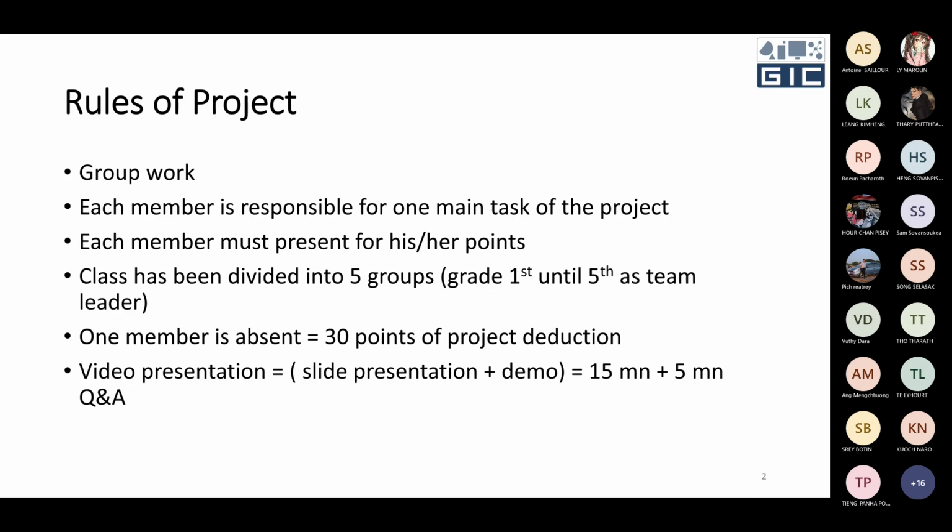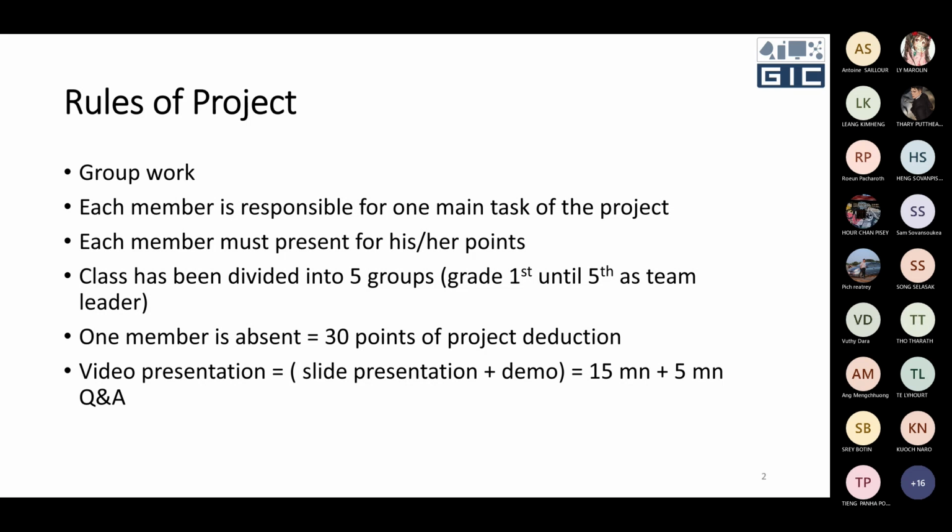The class has been divided into 5 groups, the same case as previously. Previously I divided more than 5 groups, but currently I will divide only into 5 groups. I do not select the group for you, but those who graduated from year 4 and have rank in the class number 1 until number 5 will become team leaders. Others can be team leaders, but you just represent one team.